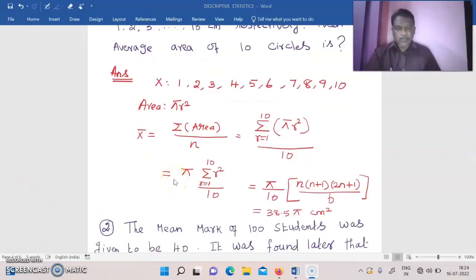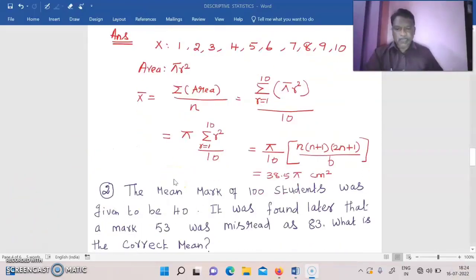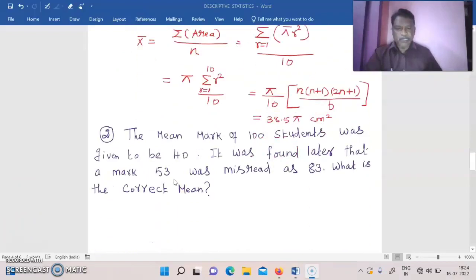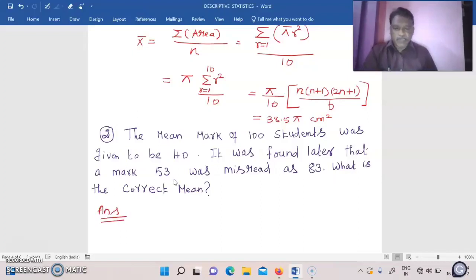Okay. So there is another category of problem. The mean mark of 100 students was given to be 40. It was found later that a mark 53 was misread as 83. What is the correct mean? So how do we find the correct mean? First of all, we must find the total from the given arithmetic mean.